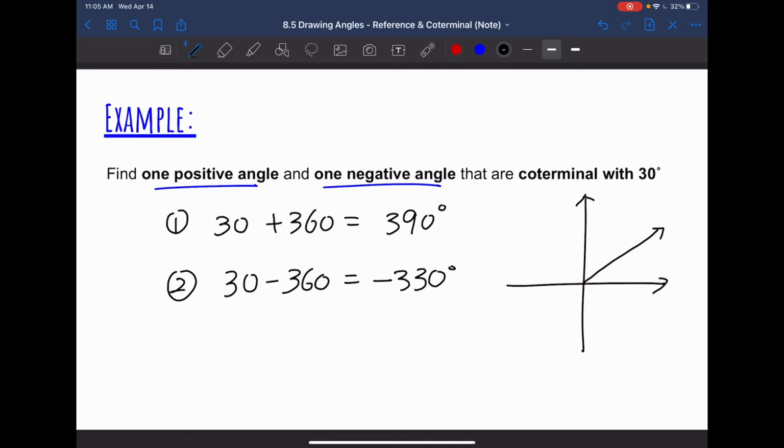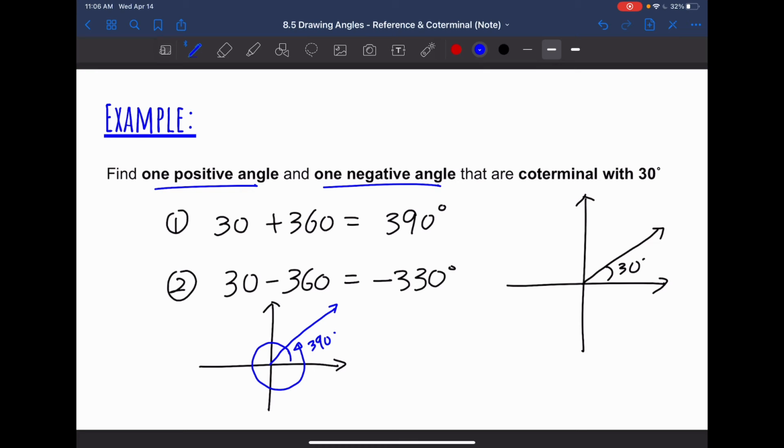Okay, so that's 30 degree. Let me draw for you. This is a full rotation, 360. But then we have another 30 degree to get the 390. So it's actually here.